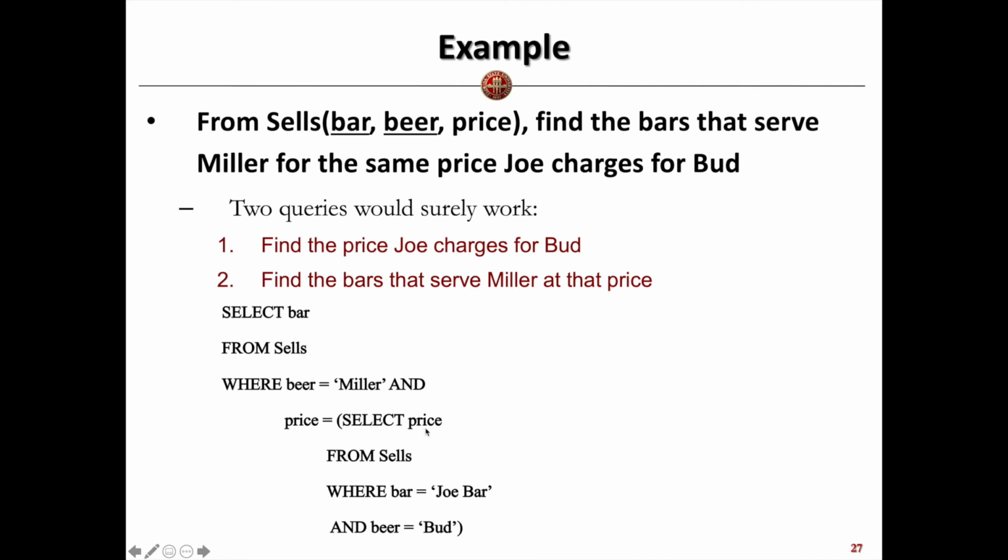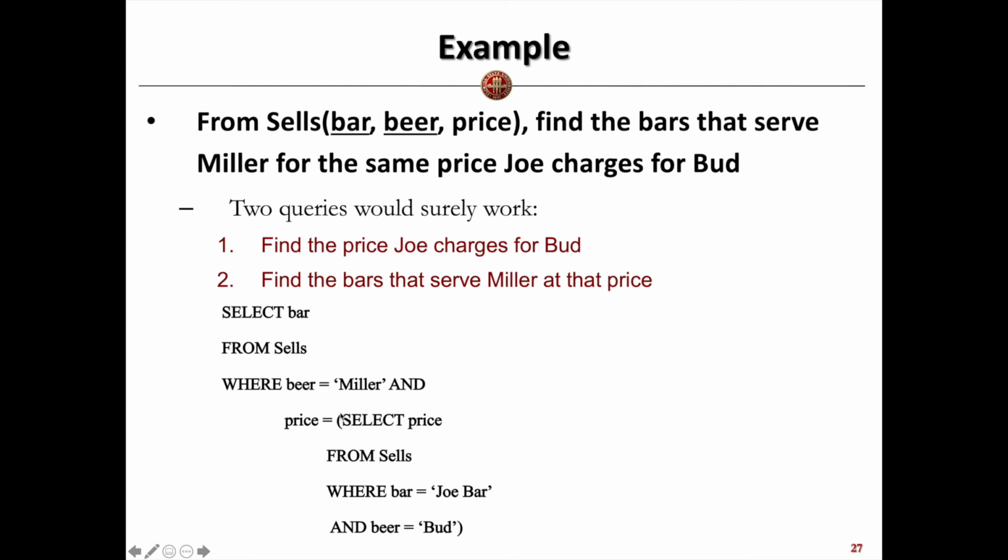We select the price from the sales table where bar equals Joe's Bar and beer equals Bud. This statement will return the price that Joe's Bar charged for Bud, right? And at the same time, we can also guarantee the returning result contains one single column and one single row.